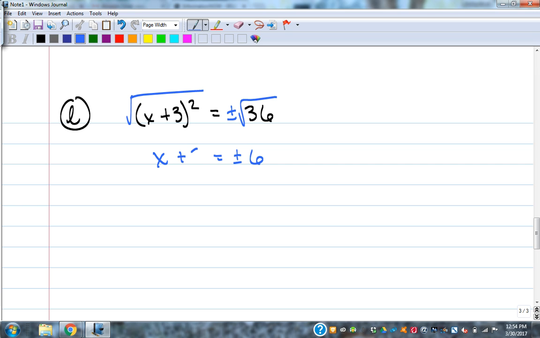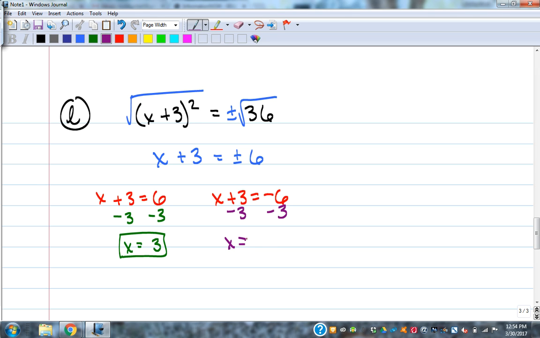Left side is x plus 3. That creates how many equations we have to solve? Two different equations. X plus 3 equals positive 6. X plus 3 equals negative 6. Solve each of those. X equals 3. Negative 9, yeah.